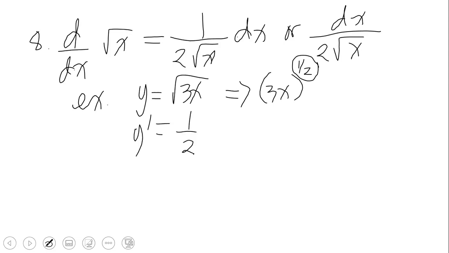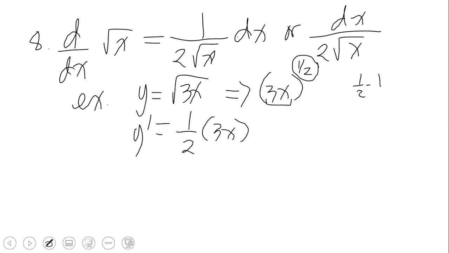Then, copyin din natin yung function, which is 3x. Then, apply natin yung power subtraction. Isusubtract natin yung power natin. So that will be 1/2 minus 1.